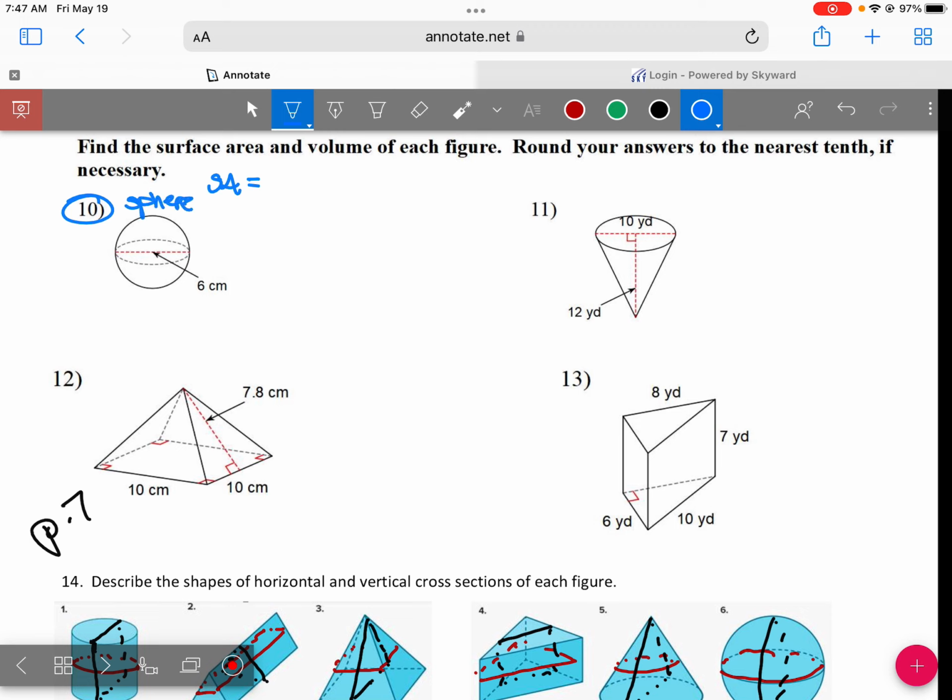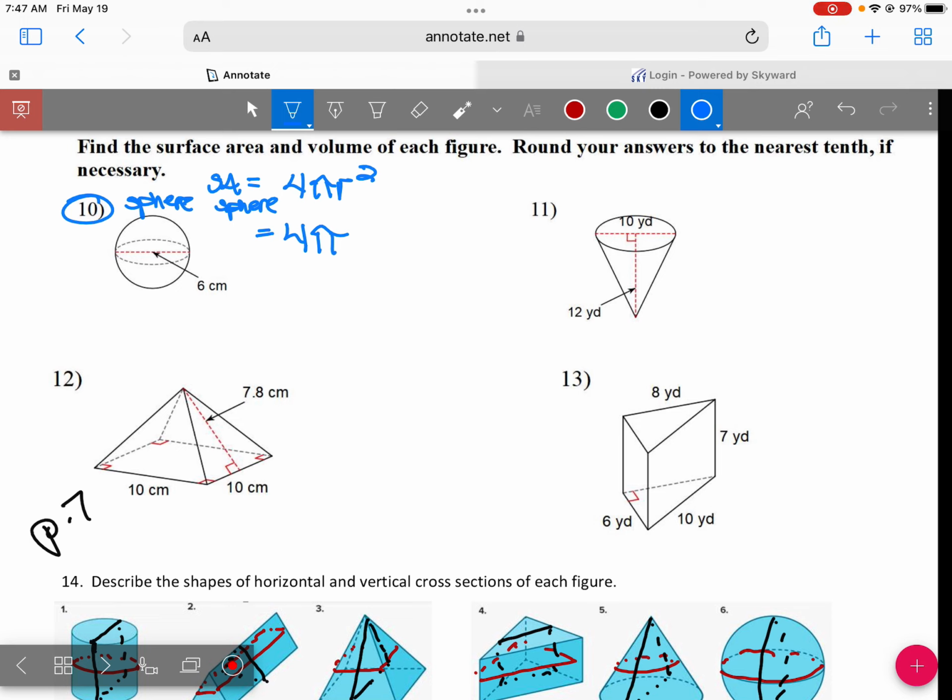A sphere. So the surface area of a sphere is 4 pi r squared. There's that pi symbol, and there are circles within a sphere, so that's why we use pi. So 4 times pi times, what's my radius? 6, right?